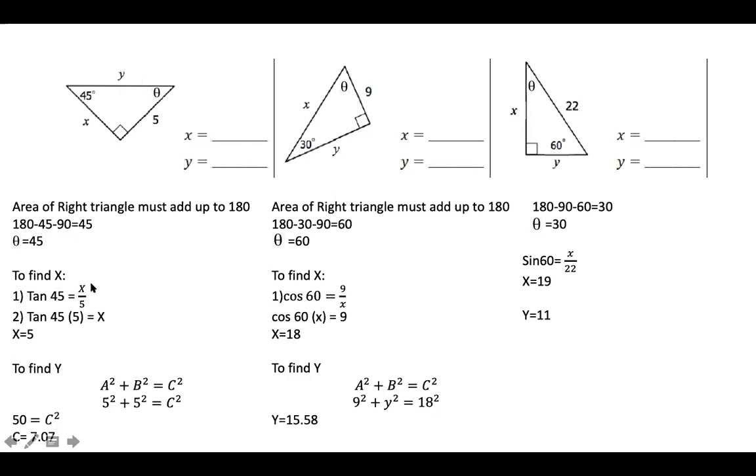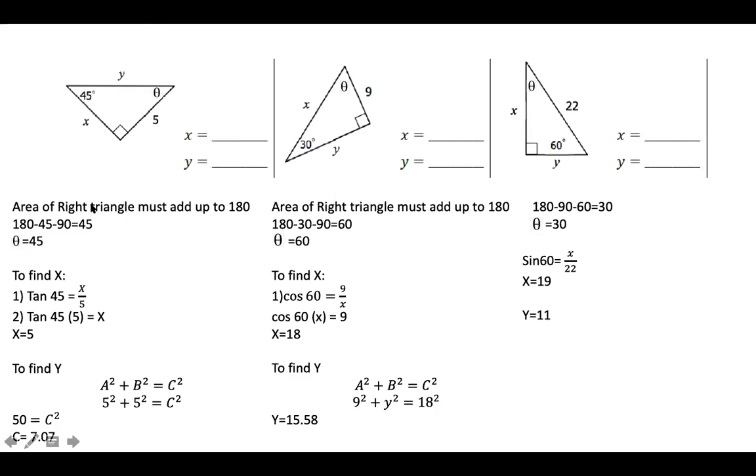Now, in this example, I'm going to use tangent. So tangent, the mnemonic is TOA. So in order to use tangent, do I have the opposite side as well as the adjacent side? Or one of them at least? Yes, I do. I don't have the opposite side, but I do have the adjacent side. And then using the formula, tangent is equal to opposite over adjacent, I can find out what the opposite side is.